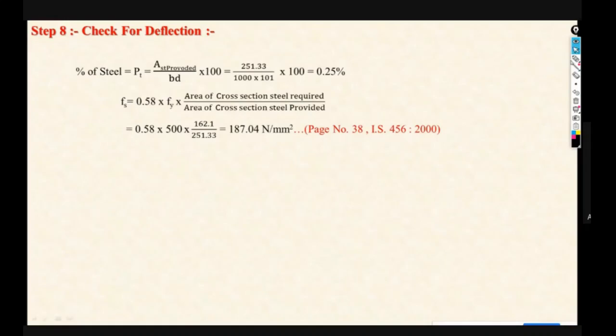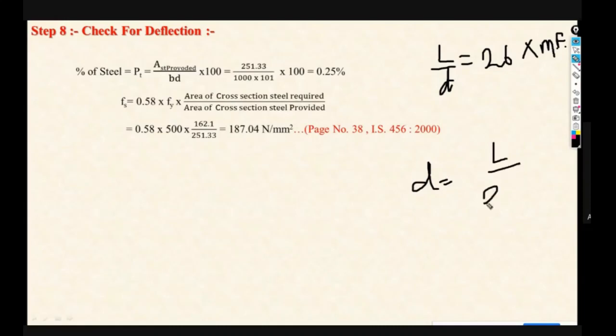As per the IS code, L by D ratio is equal to 26. And for the deflection, this formula is L by D equals 26 into modification factor. That already we have converted into effective depth equals L divided by 26 into modification factor, where that 26 is the basic value.